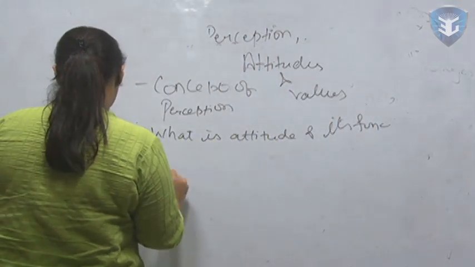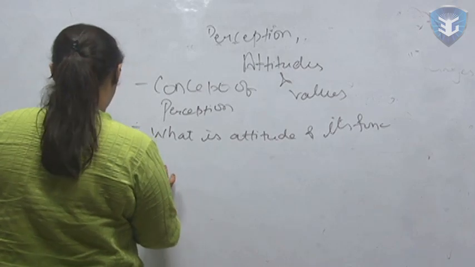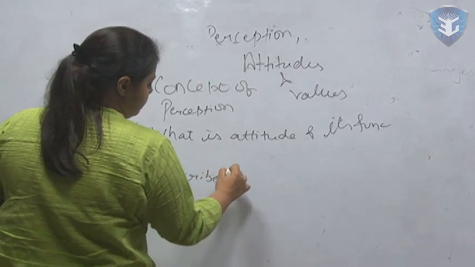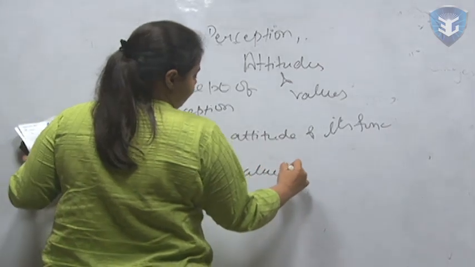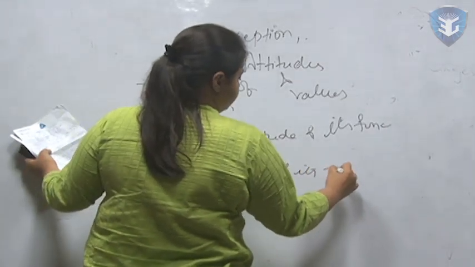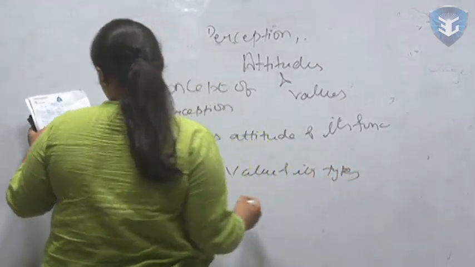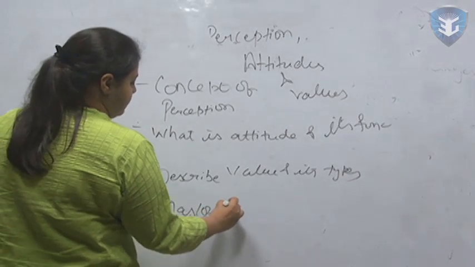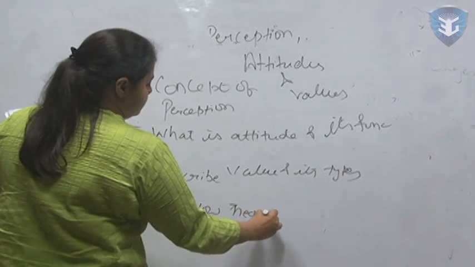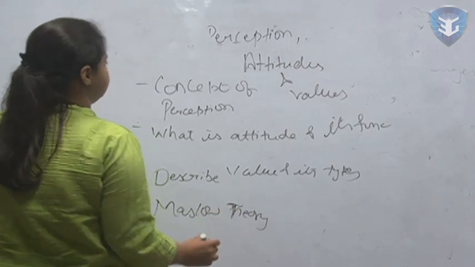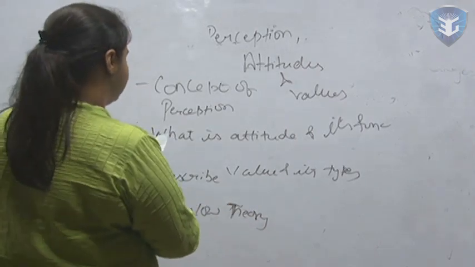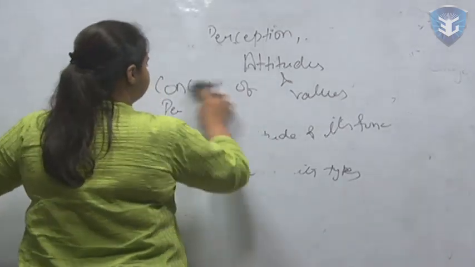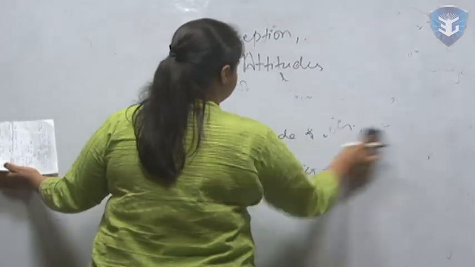Then what is value and its types. And lastly, the Maslow theory. These are basically just psychological aspects of an organization that play an important role in deciding the outcome that the staff will generate.